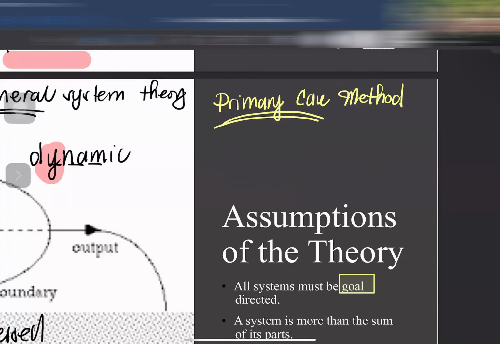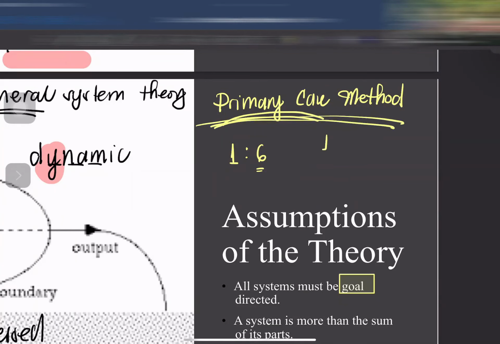When I say primary care nursing modality, ibig sabihin, ikaw na isang nurse, you would take care of, for example, 6 patients, and you will be the one to take care of everything that those 6 patients need. That's one system of nursing care.